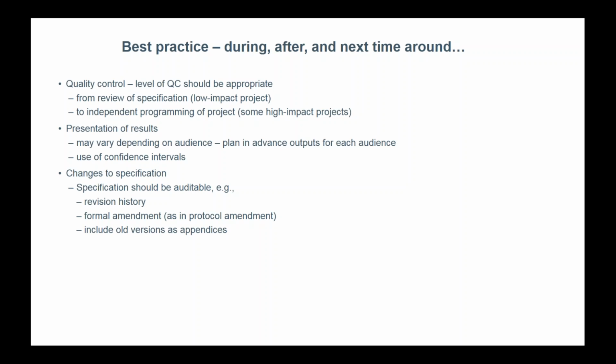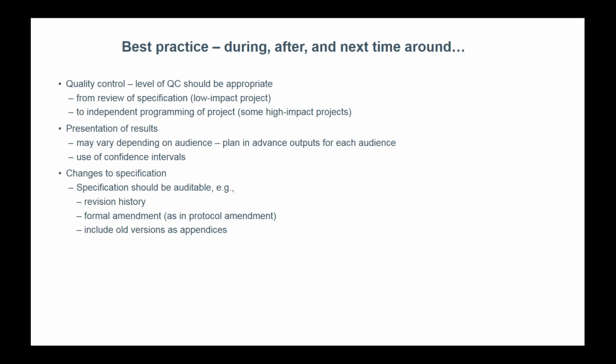So appropriate level of QC should be planned, and that could depend upon the estimated impact of the project, and we give certain examples to help people to estimate the impact. And it could vary from, say, a simple review of the specification alone for a low impact project to perhaps independent programming of the entire project for some high impact projects.